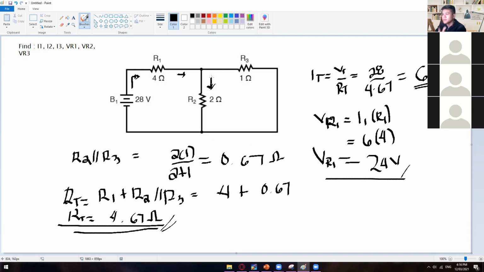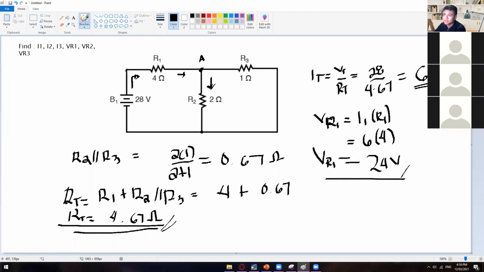And in here, since we cannot easily identify the value of the voltage that will flow in here and that will also flow on the R3, we have to get the potential voltage on this node. Let's just say this is node letter A. What is the voltage of our voltage that is flowing once it passes through this R1?